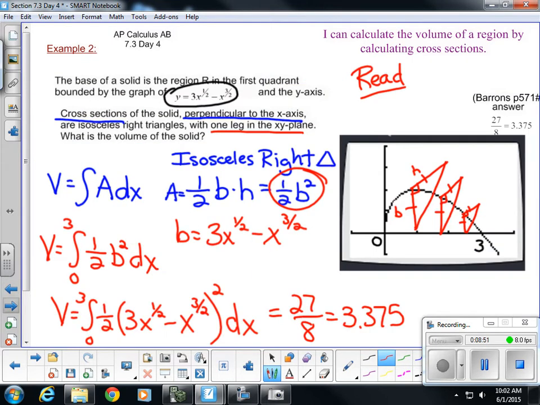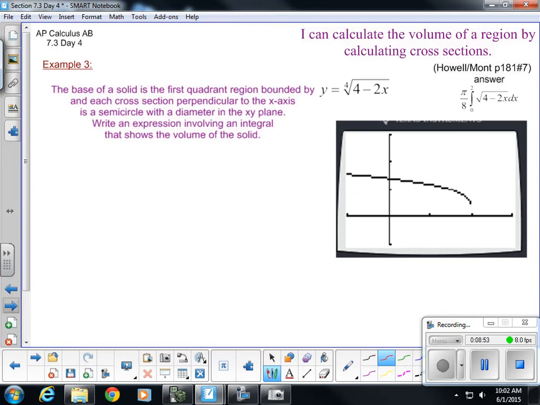All right, let's go to our third example, which is the base of a solid in the first quadrant. So make sure you're doing the first quadrant. Here is your equation. It's already been graphed, but you should be able to graph it. Cross section means that we're doing cross sections perpendicular to the x-axis. That means dx. This actually goes all the way down, although our drawing doesn't show it.